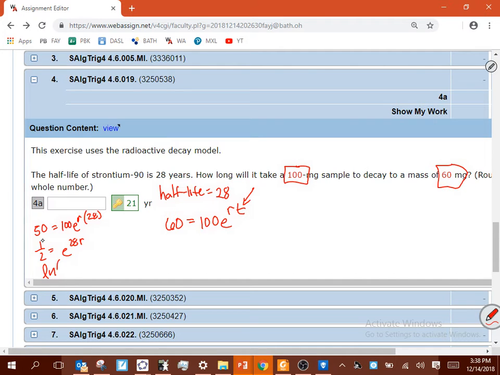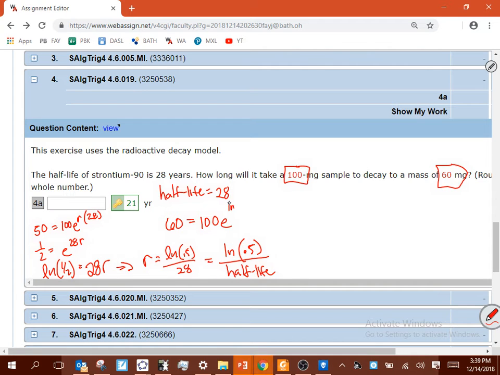Ln both sides, I get ln of 1/2 equals 28R. That leads to R equaling ln of 1/2 over 28, which is the same thing we said in class. Whenever you're doing half-life, if they give you the half-life and you want R, it is always ln of 0.5 divided by your half-life number.